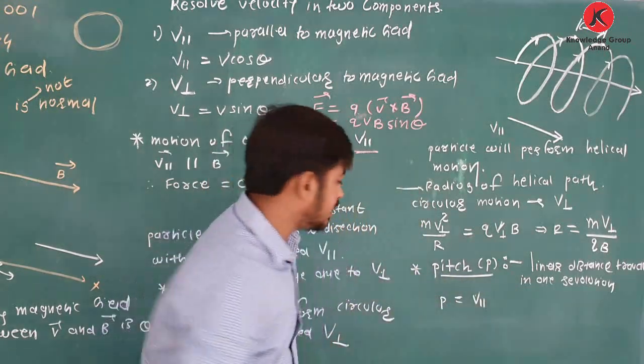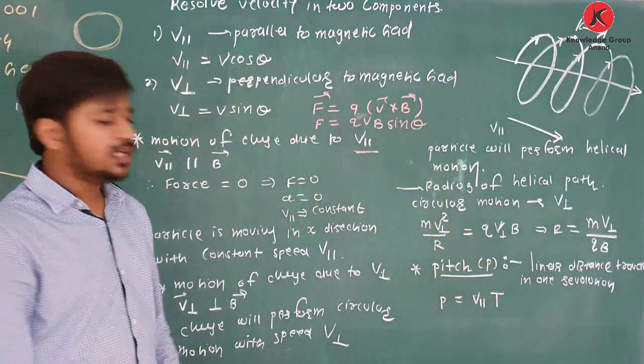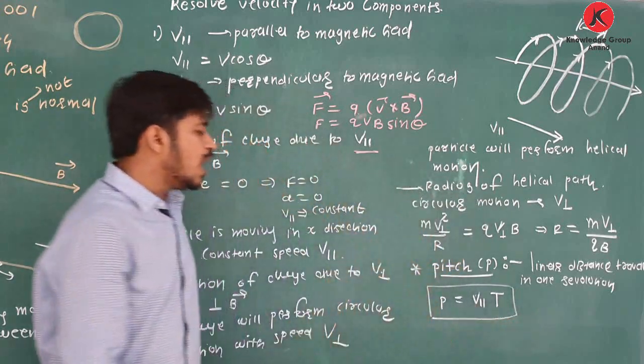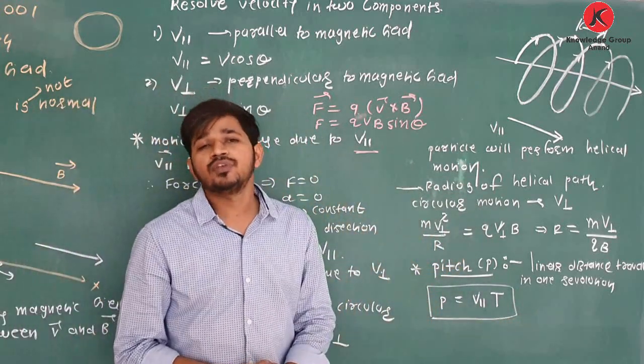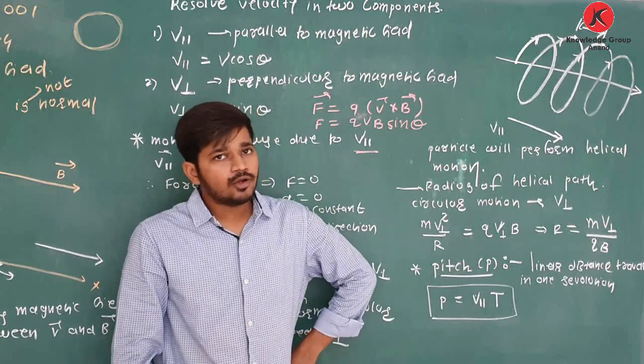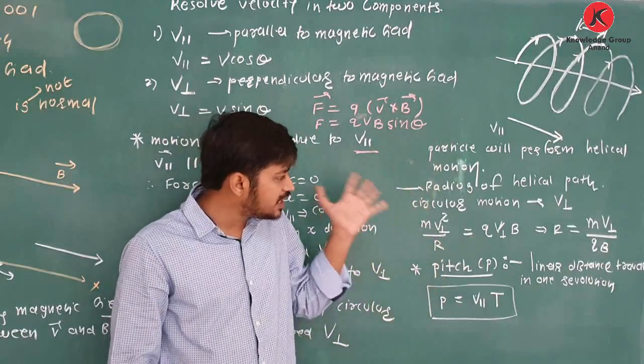It is called time period. It is denoted by capital T. So yes, it is the equation of pitch. P is equal to V parallel into T. Clear about this? Okay, so yes, you have to remember each and every equation.